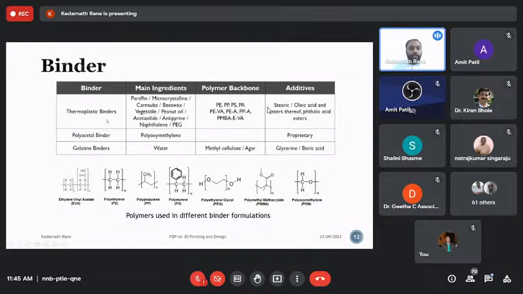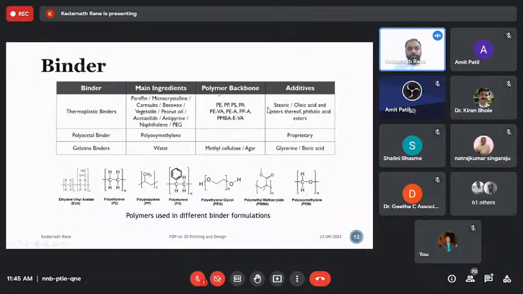There are three categories of binders available: thermoplastic, then polyamide or polymethylene. This kind of binder system requires a special debinding system, which we can see in a later slide. Then polyethylene glycol or gelatin based binder, which is soluble in water. So these are the three basic categories of polymers required for these processes.